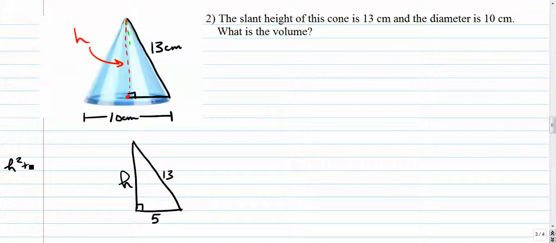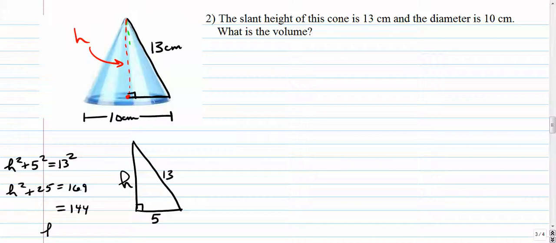We're going to go h squared plus 5 squared equals 13 squared. h squared plus 25 equals 169. Subtract, you get 144, so h is 12. We're just going to take the square root of 144 and get 12. So our height is 12 centimeters.